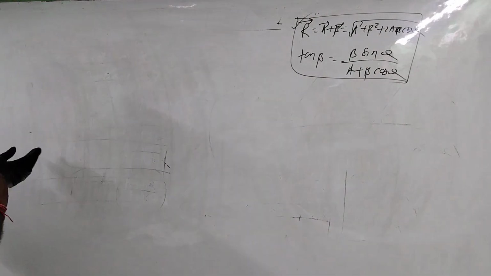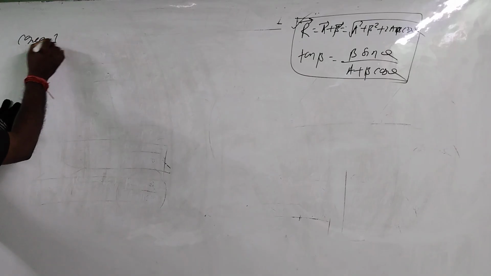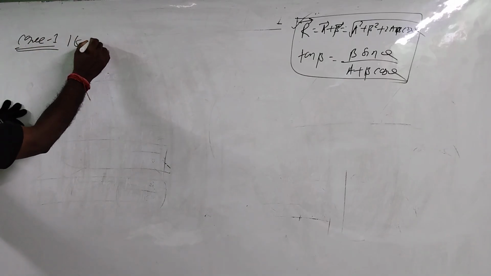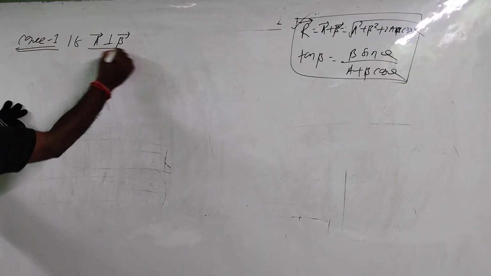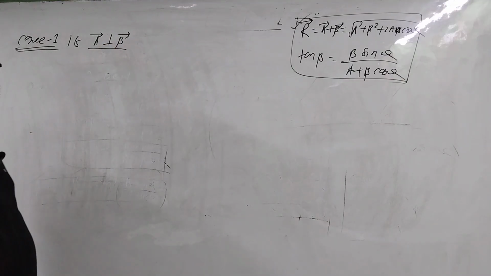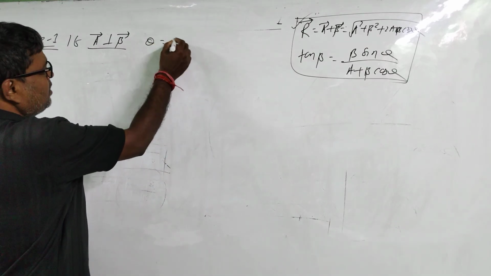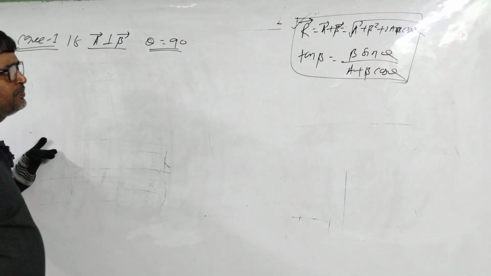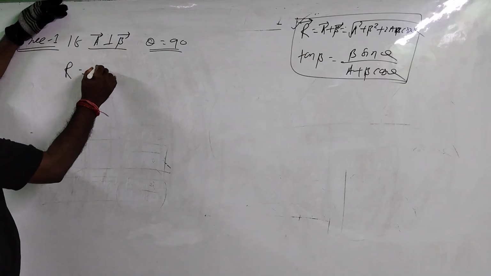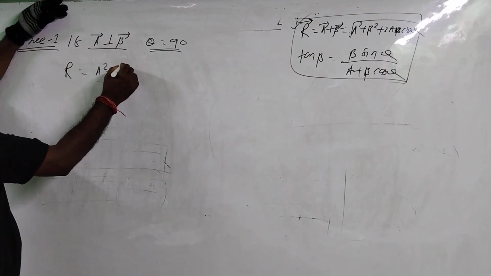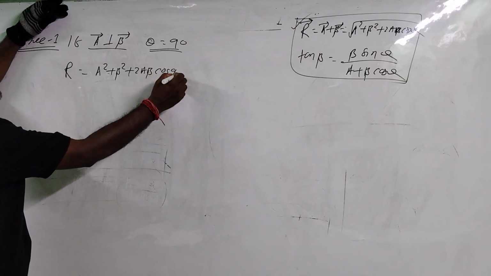Case 1: if vector A is perpendicular to vector B, two vectors perpendicular to each other, that means theta equal to 90. So the resultant R equals root of A square plus B square plus 2AB cos 90.